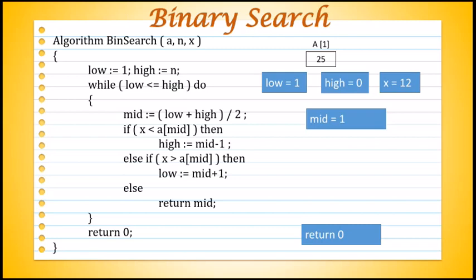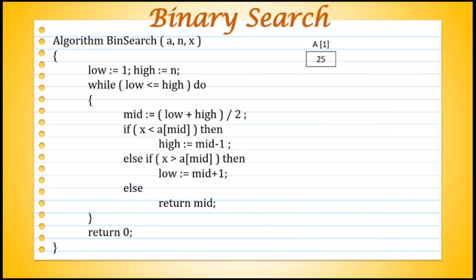Now we will take another example. Suppose there is only one element. So the starting value will be 1 and the last value, that is the high value, will also be 1. And suppose the searching element is 25, that is x. So first we will check the while condition, is low less than or equal to high.